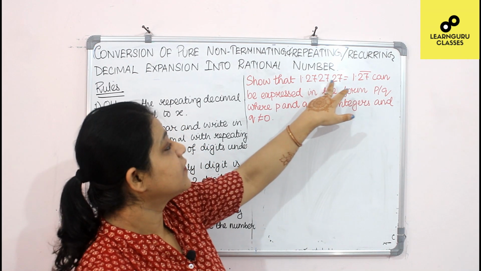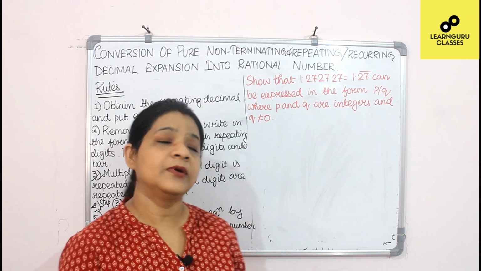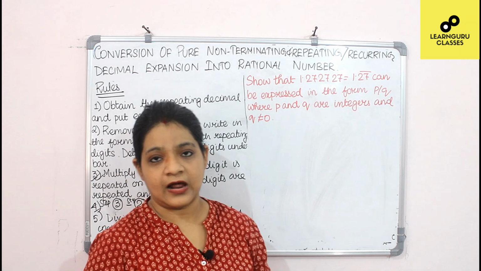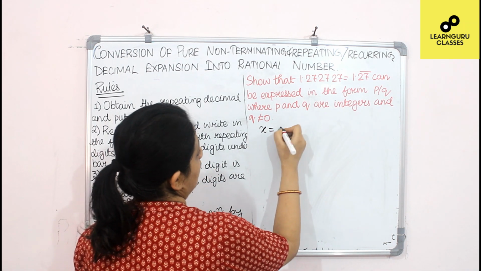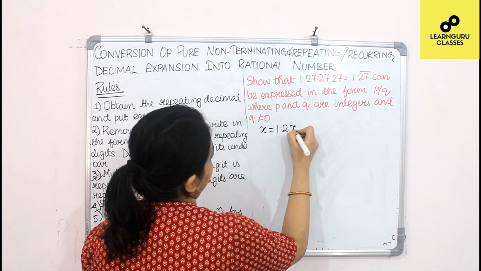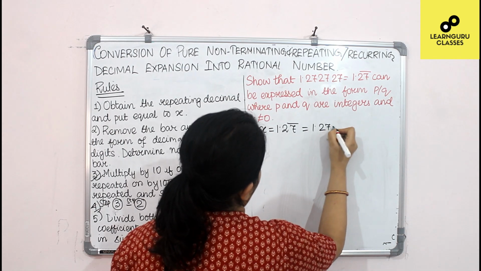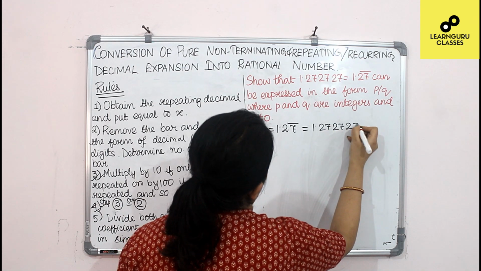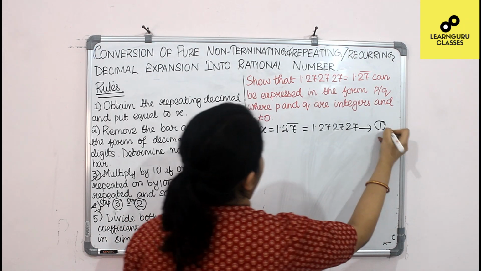Okay, so 1.2727 is what? 2 digits are being repeated, so 27 is under the bar. So we can write x equal to 1.27 bar, which can further be written as 1.272727. Give this as equation 1.